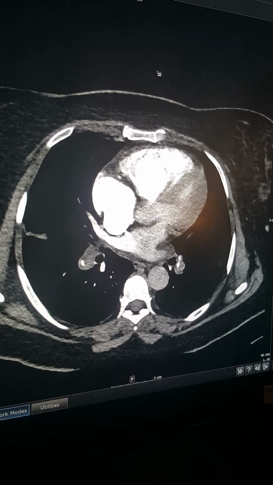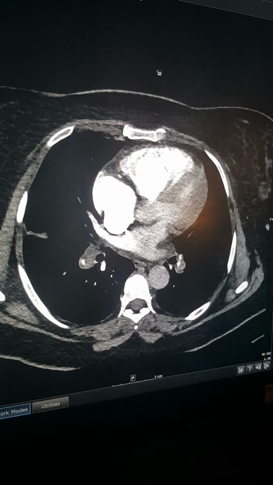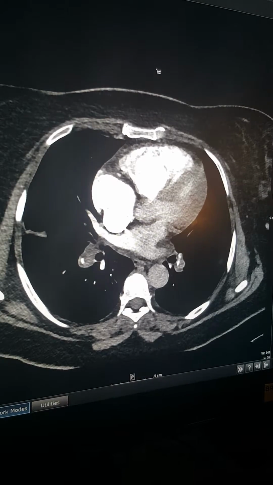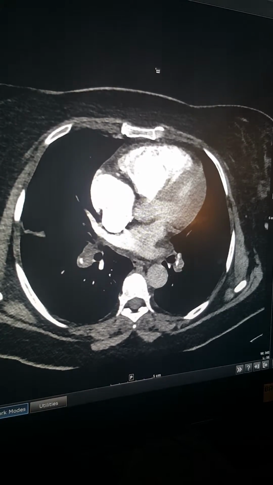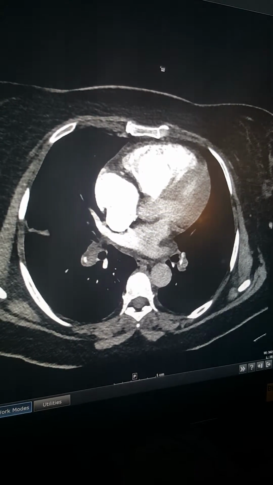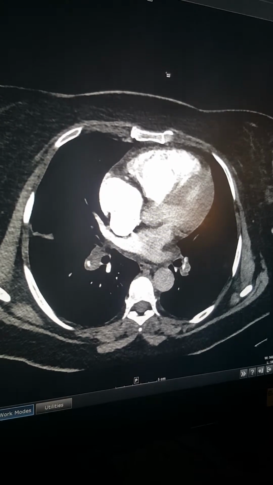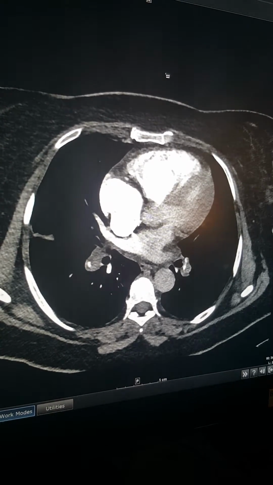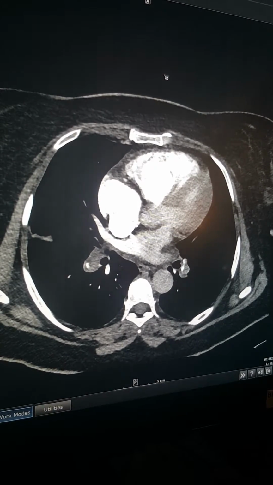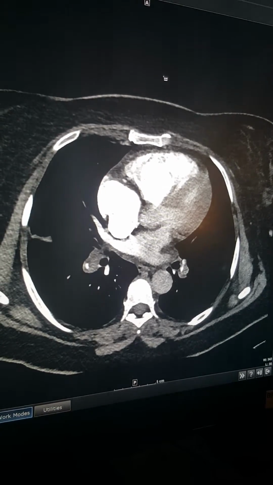The VQ scan is about 8 millisieverts. CT, if you use it for regular patients, will be from 10 to 13, sometimes jumping to 30 if the patient is large. So that will actually change, and people are trying to use CT with an optimum radiation dose rather than a VQ scan in comparison. Yeah. Excellent.